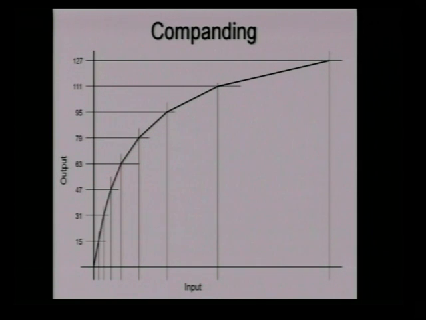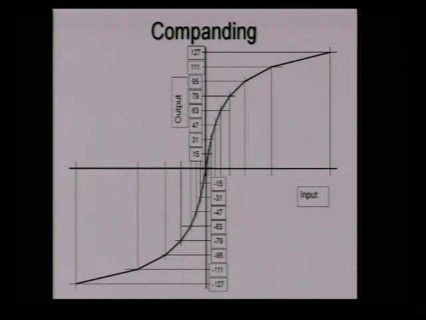This process is called the compounding process. So smaller amplitudes are now going to occur in the higher strata of the amplitudes. Here also one can see a similar kind of graph, the compounding plot, where a smaller signal results in higher amplitudes.